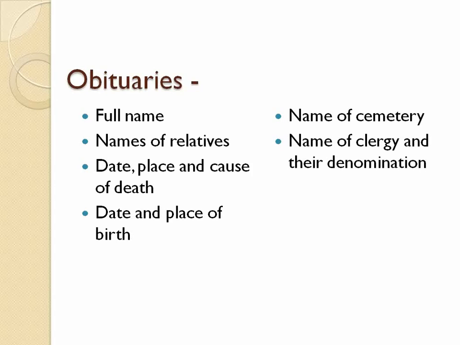But these are going to be terrific clues to where you want to go to verify more of the information. A real terrific thing that people are including more and more in obituaries is the date and place of a marriage. So this can be really one-stop shopping if you can get the birth date and place, the marriage date and place, as well as the death date and place. So a very compact, useful record.